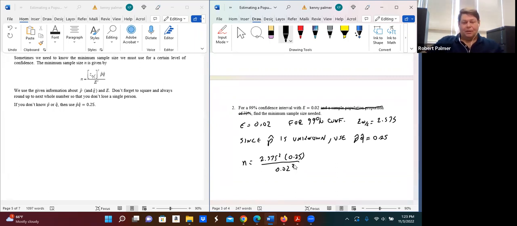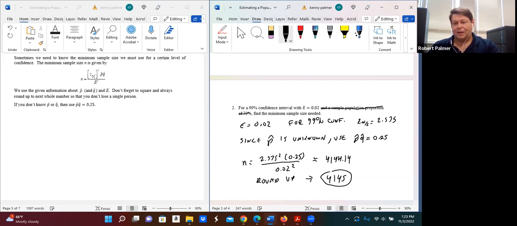Okay, and then we'll plug all that in. And we get 4,144.14. And once again, round up. And so that's going to give us 4,145. So once again, that's our minimum sample size.